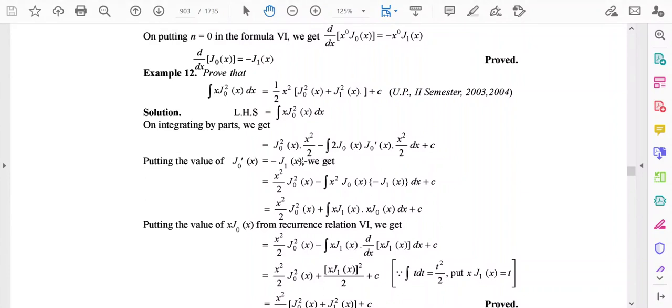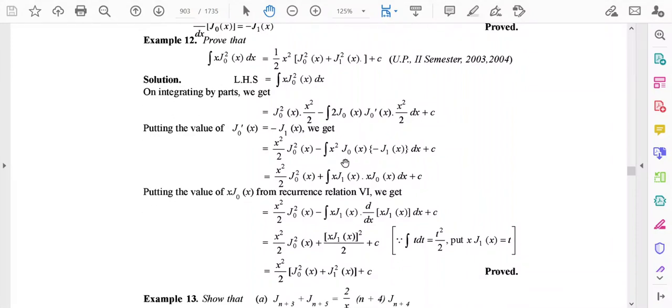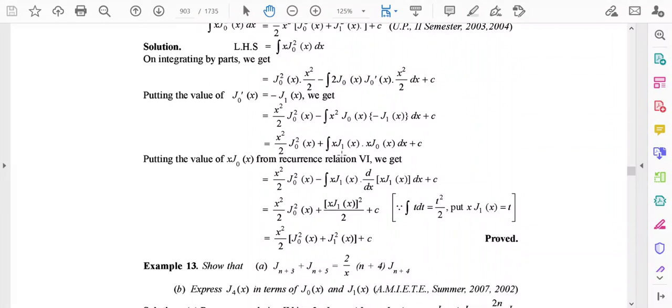Now in the earlier example we have already shown that J0 prime x is equal to minus J1 x. So for J0 prime x we are putting minus J1 x. So the second term becomes x square into J1 x into J0 x dx, plus c. Now we put the value of x J0 x from recurrence relation 6.